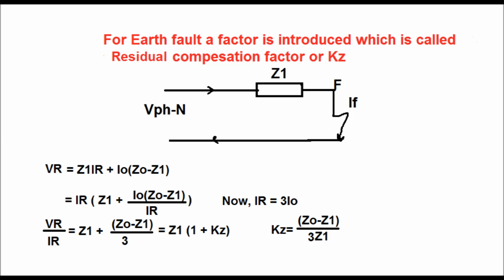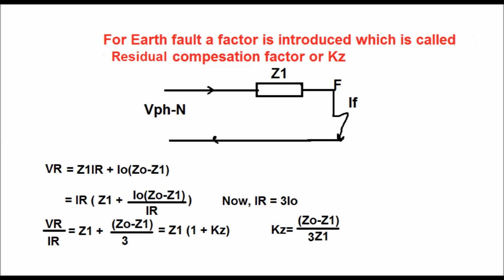Now we want to calculate the ratio of voltage to current sensed by the relay. That will give the impedance of the transmission line up to fault point F. That is VR by IR is equal to Z1 plus (Z0 minus Z1) by 3.